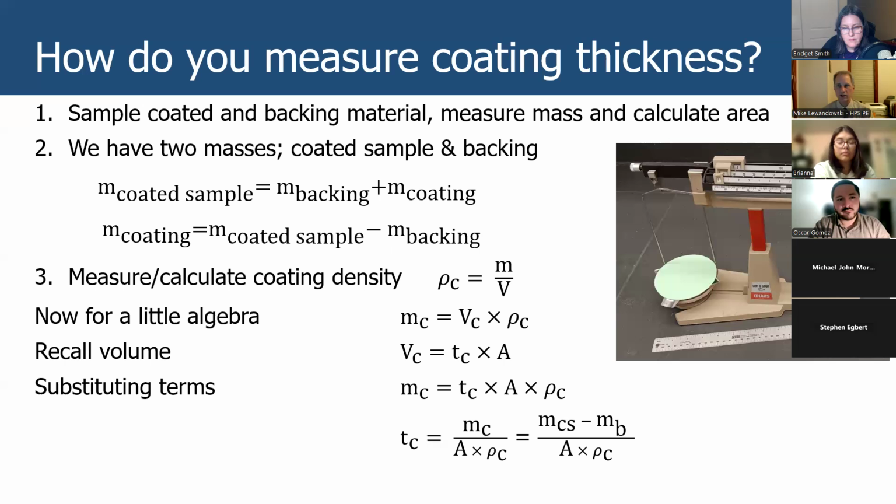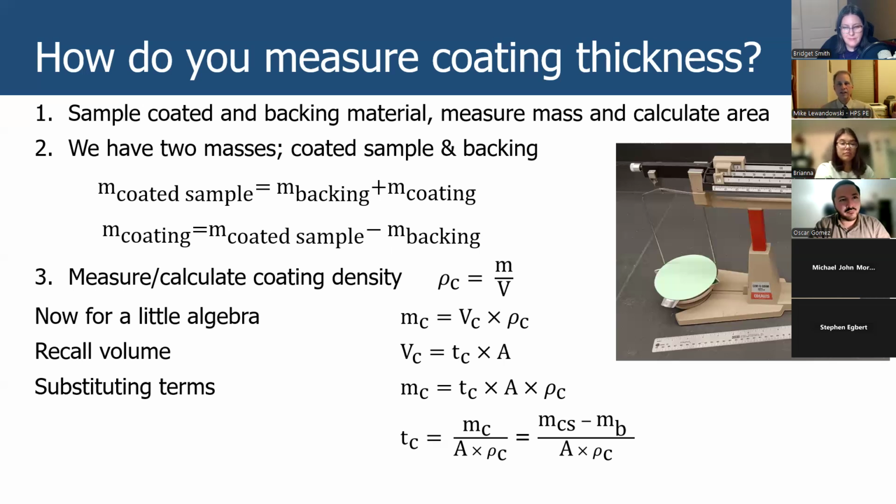So if we just want to know the mass of the coating material, we take the total coated substance, so that's the backing and the coating, subtract the mass of the backing, divided by the area, and if we keep those areas the same, it's a constant, divide again by the density of the coating material, and we end up with determining the thickness of the coating. So this is basic algebra with some measurements.